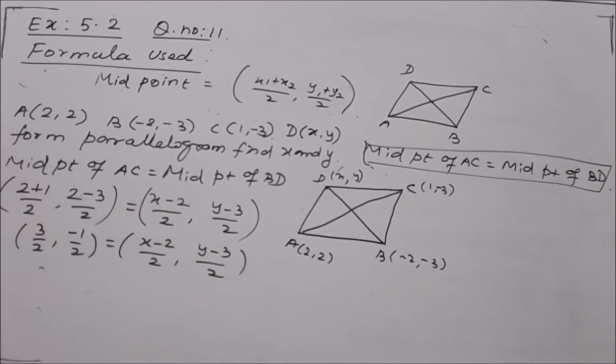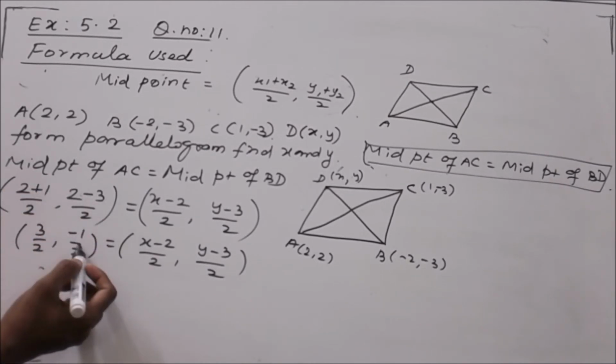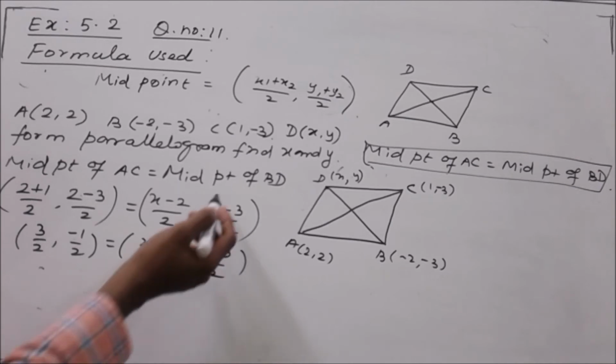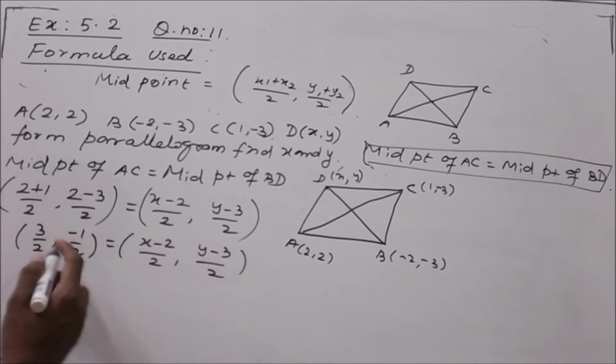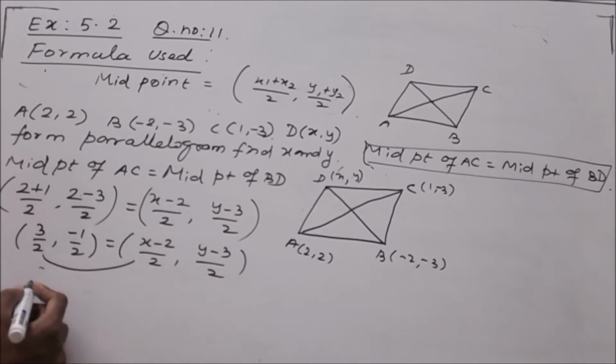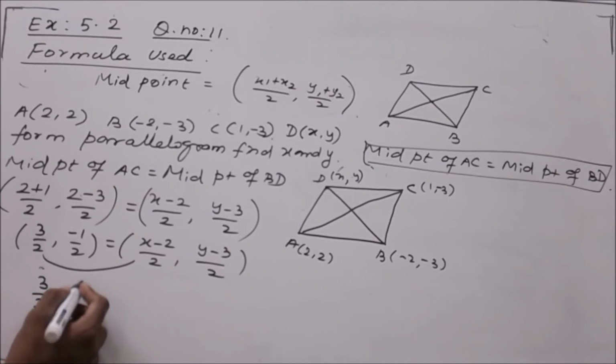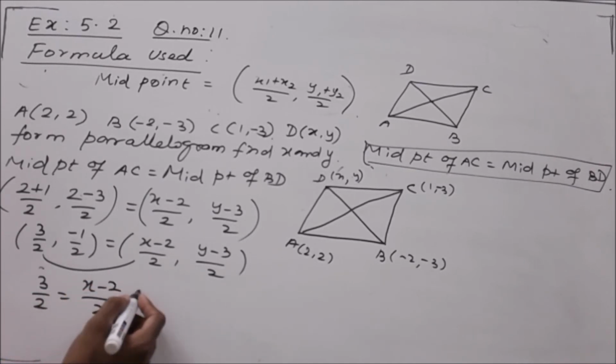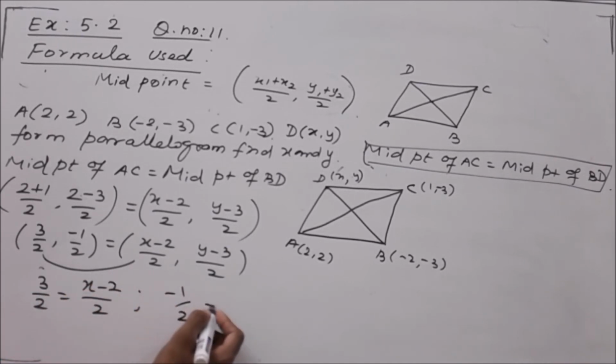Now these are equal points, so equating the corresponding values, simplifying: 3 by 2, here -1 by 2, here (x minus 2) by 2, (y minus 3) by 2. Equating the values, 3 by 2 equals (x minus 2) by 2, and -1 by 2 equals (y minus 3) by 2.